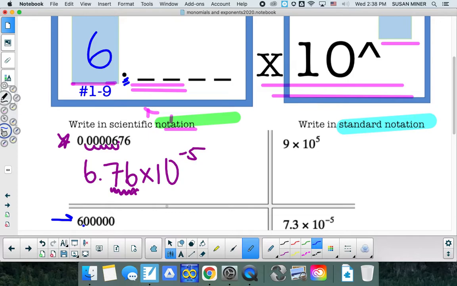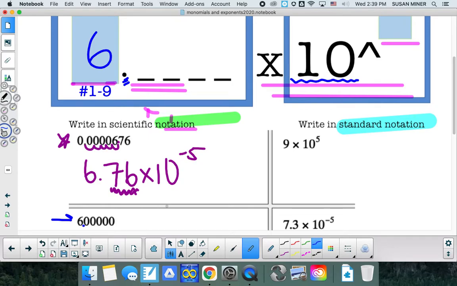And so in order to figure out what exponent should be on my 10, and remember, we use the number 10 over here because that's my place value, right? Each place value that I go is increasing or decreasing by an amount of 10. And so that's why we use the times 10.